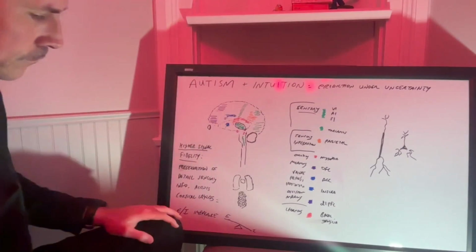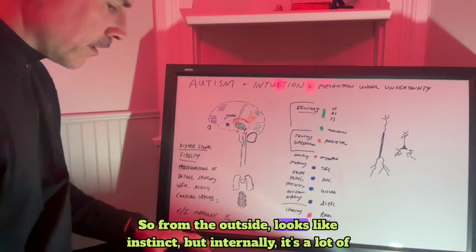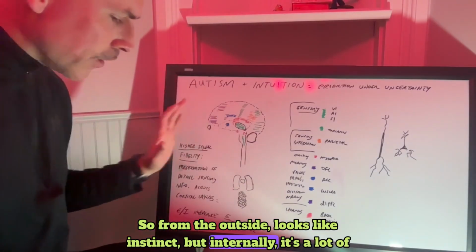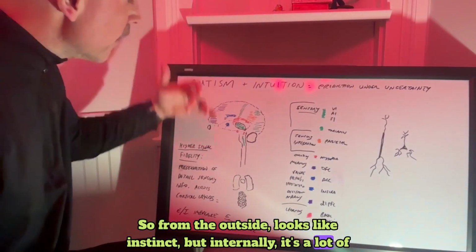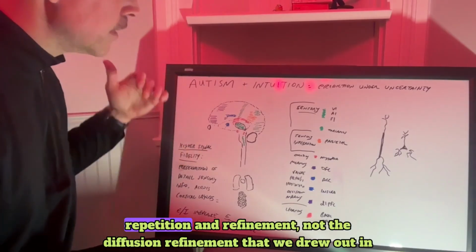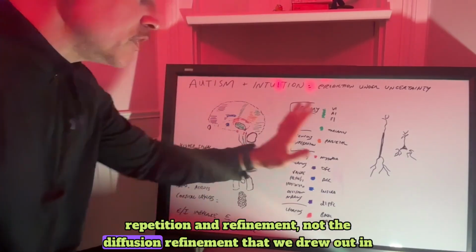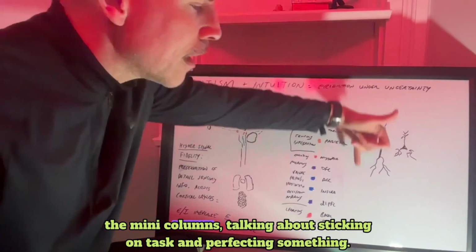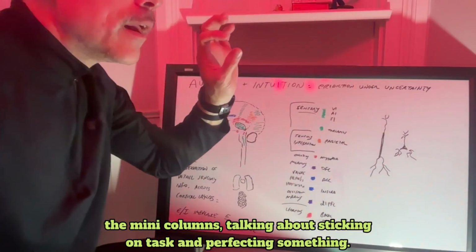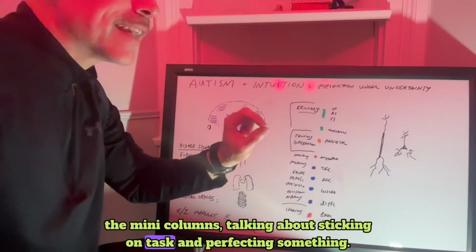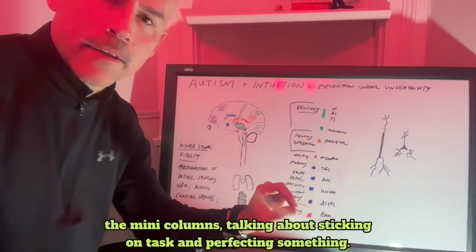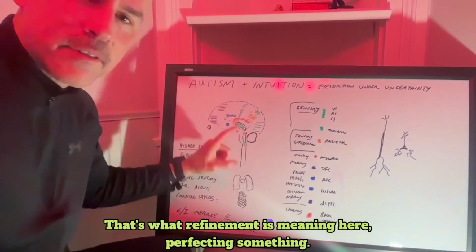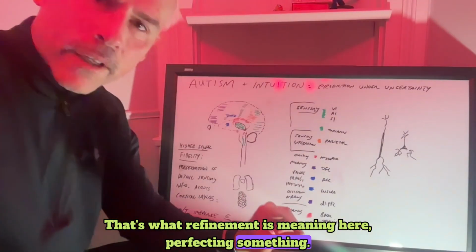Because there's a lot of inputs coming into the dorsal striatum from the ACC and the sensory motor. So from the outside, it looks like instinct, but internally, it's a lot of repetition and refinement, not the diffusion refinement that we drew out in the mini columns. I'm talking about sticking on task and perfecting something. That's what refinement means here, perfecting something.